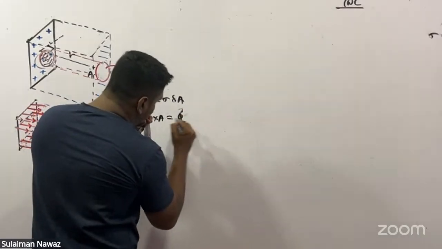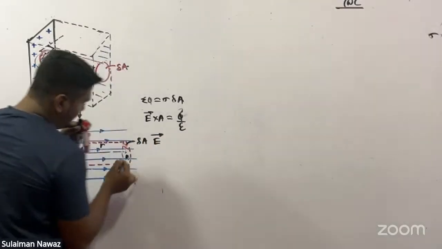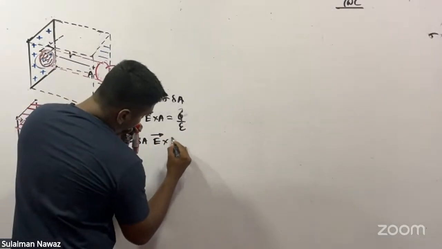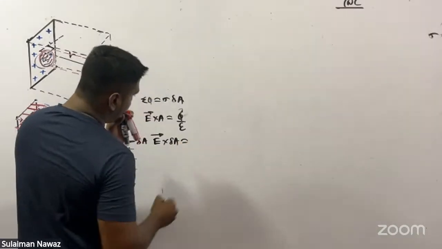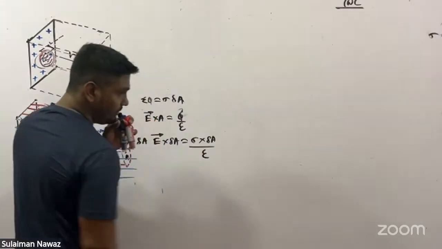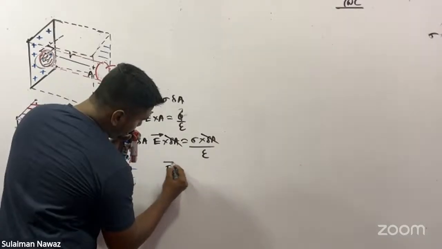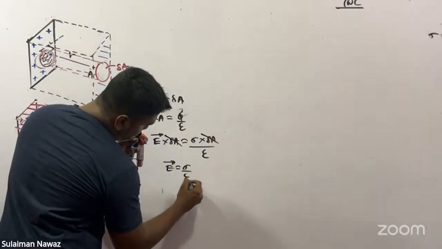Area is delta A, so E times delta A equals sigma times delta A over epsilon. Delta A cancels out. Intensity is going to be equal to sigma over epsilon. That is one way.